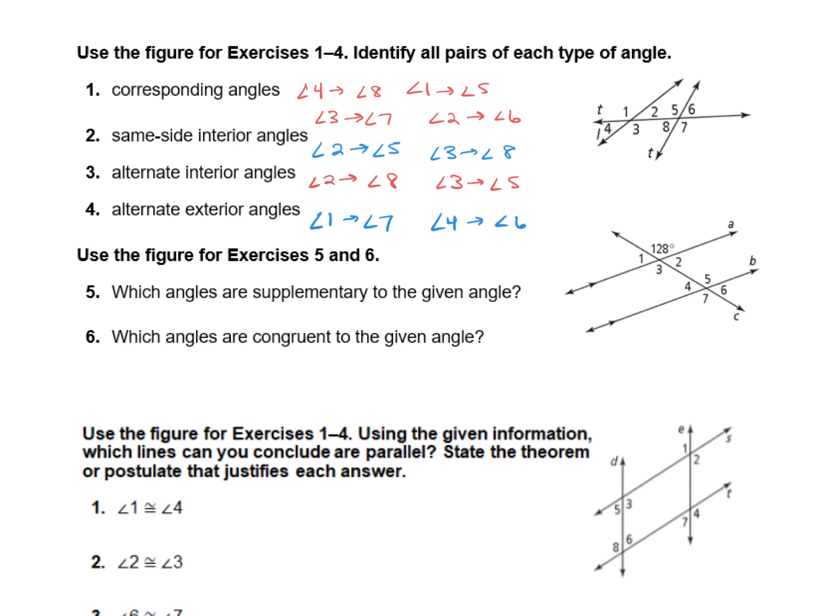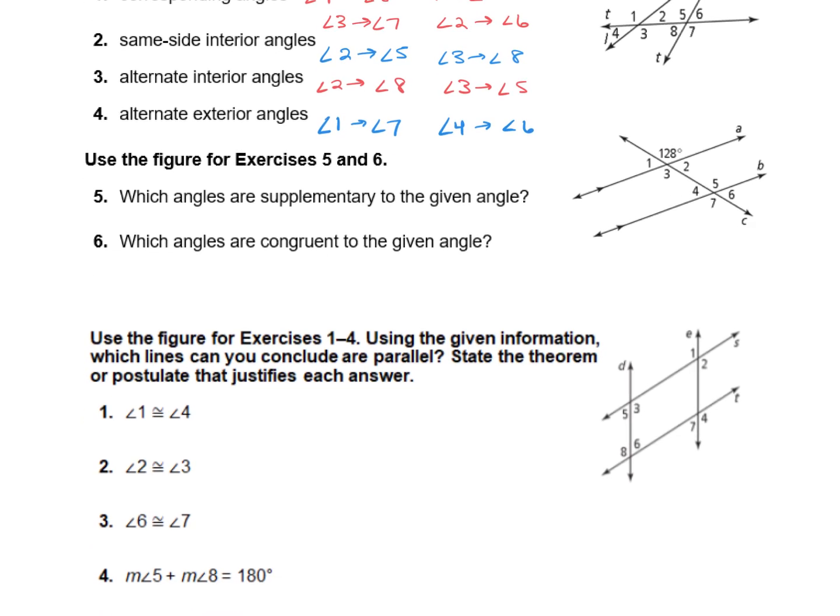Okay, which angles are supplementary to the given angle? So when you have parallel lines cut by a transversal, I'm going to go ahead and mark all the angles that are congruent to this 128 degrees. So 128 degrees, the angle opposite it is a vertical angle. Those will be congruent.